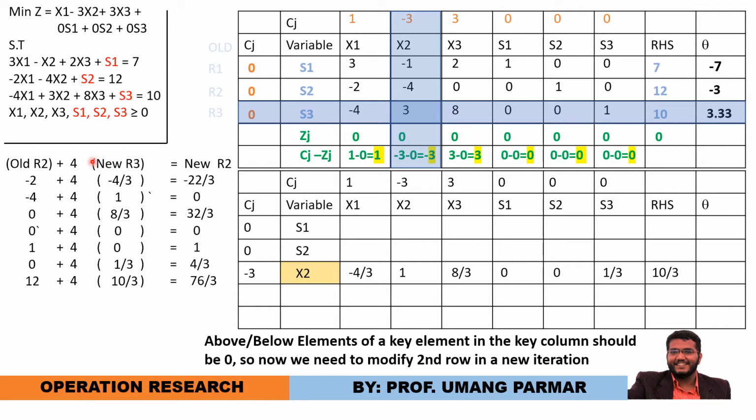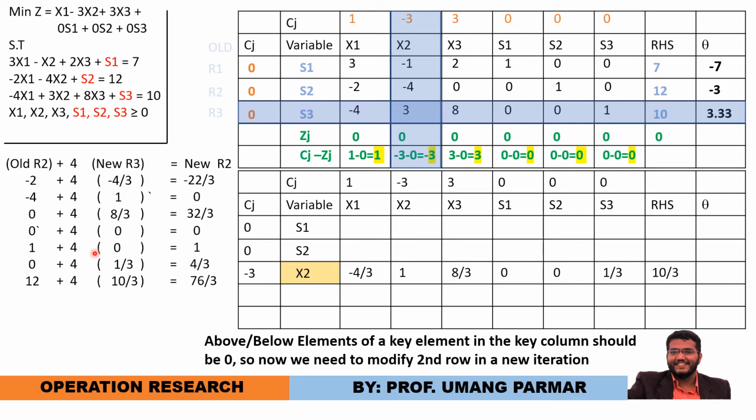That will be done for all the elements. When I multiply this value by 4 and add, I get -22 by 3. In the same way, 8 by 3 is multiplied by 4, so it becomes 32 by 3. When 0 is multiplied by 4 and added to 0, it becomes 0 only.